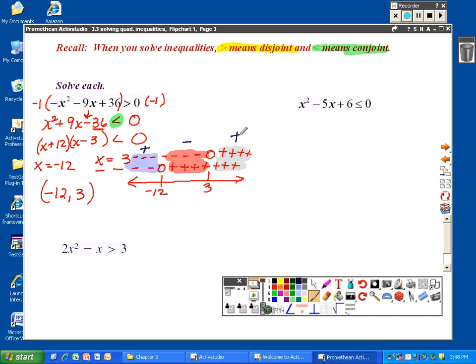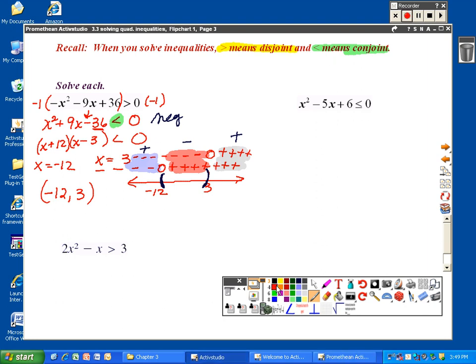I am looking for those less than 0. That means negative. The negative values happen from here to here. Gets you the same results. But some of you may like it graphical rather than memorizing. Greater than is disjoint, less than is conjoint. Okay, let's try the next one.